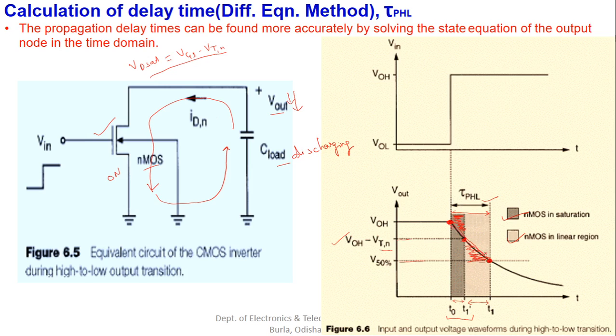Because this is the mark that we had set earlier, that below 50% we will assume that the output is low, and above 50% we will assume that the output is high.